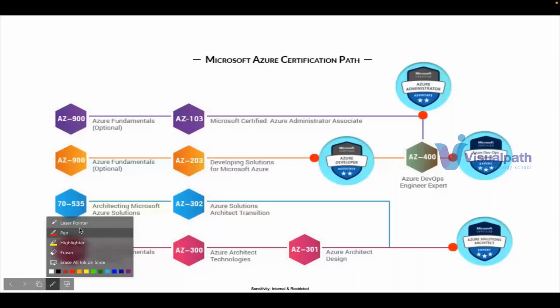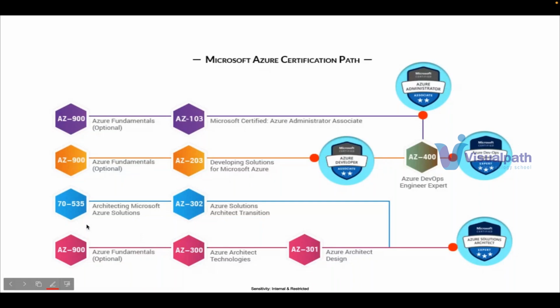Okay, so this slide is a bit old. I need to update it. That's fine. So you might have heard about Azure fundamentals, right? So the AZ-900 course. AZ-900 talks purely about the fundamentals of Microsoft Azure. Means what is cloud, types of cloud, benefits of cloud, what is Azure, what are the services available in Azure.